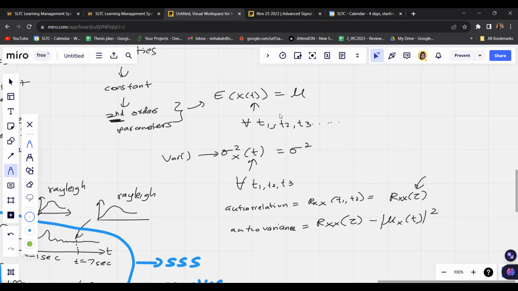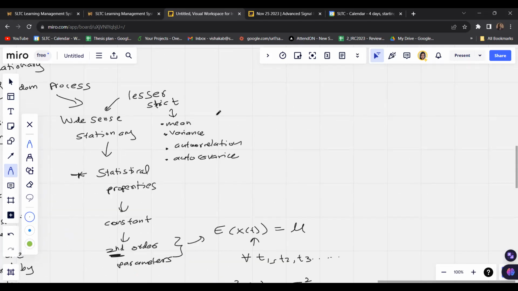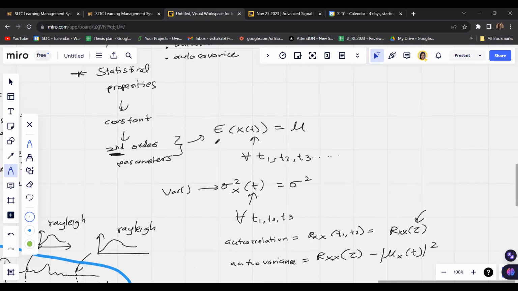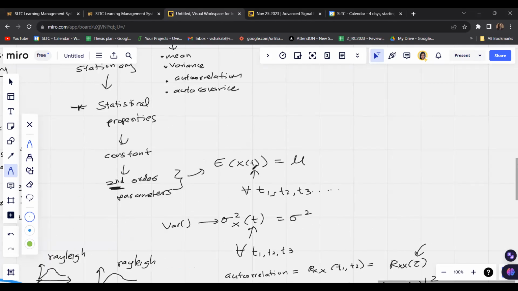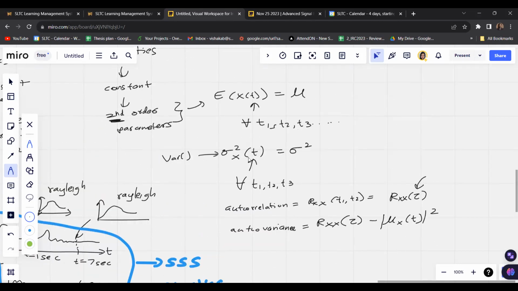So there is always time independence for these statistics. That means these statistics are not dependent on specific time instances T1, T2, T3, but are basically constant for all the time instances. So these are time independent statistics.